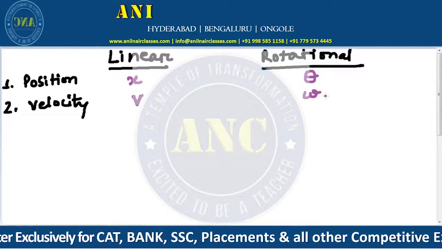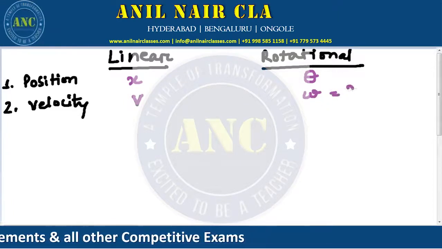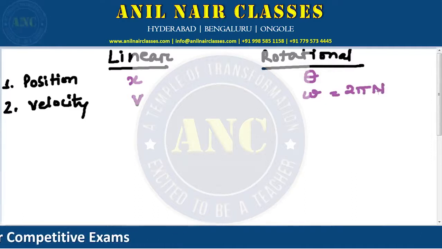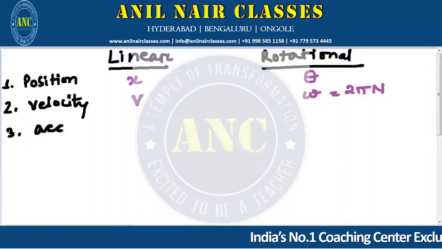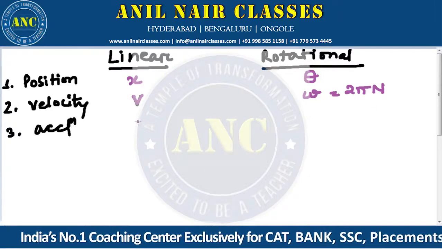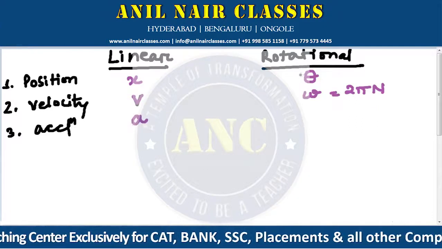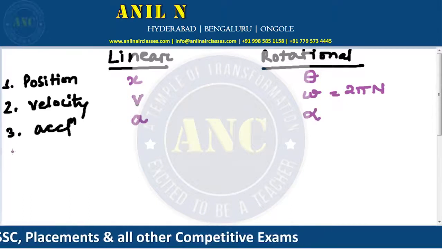So it is called rotational velocity or angular velocity, where omega is nothing but 2 pi n. Then we have acceleration. Acceleration over here is given by a, whereas in rotational it will be given by alpha.